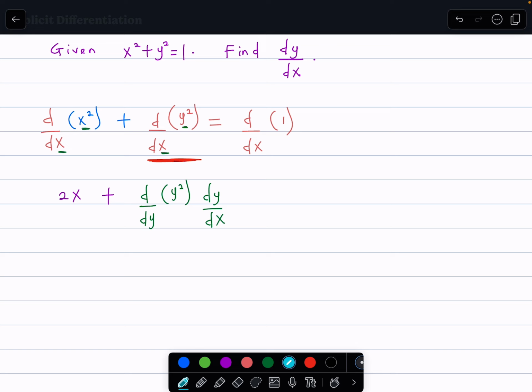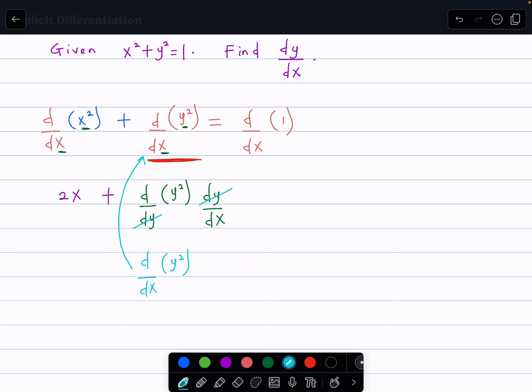Now if you observe, if you divide this dy and this dy here, what are you left with? You are left with d dx of y squared, which is exactly what we have here.